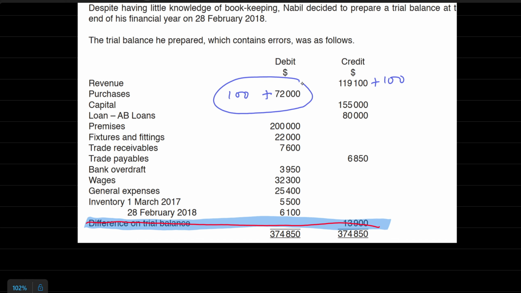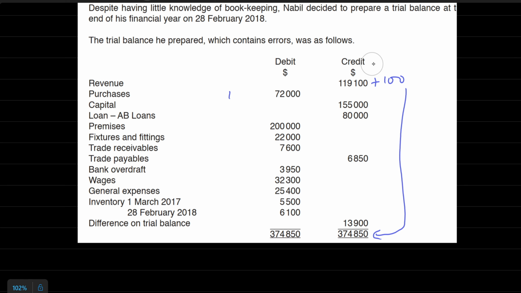These are two independent errors in two different accounts, but these compensate each other in such a way that trial balance total will remain equal. So compensating errors are more than one error which compensate each other, which cancel out the effect of each other in such a way that trial balance totals remain equal.